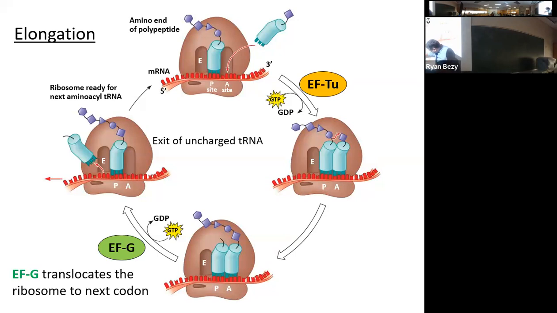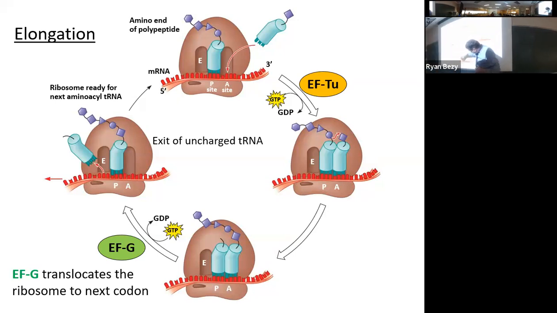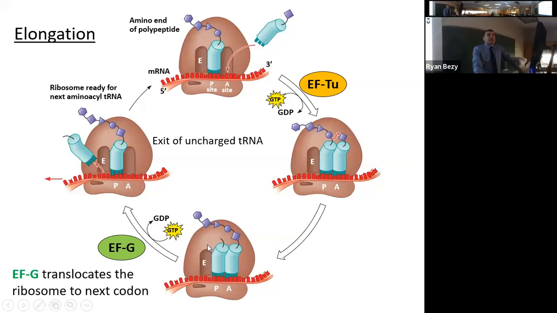So this is going to slide to here. This is going to slide to here. Going to slide over by 3 nucleotides. This moves that uncharged tRNA from the P site into the E site, the exit site, and then it's going to exit out of the ribosome.